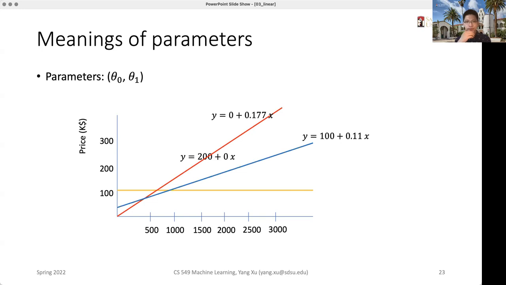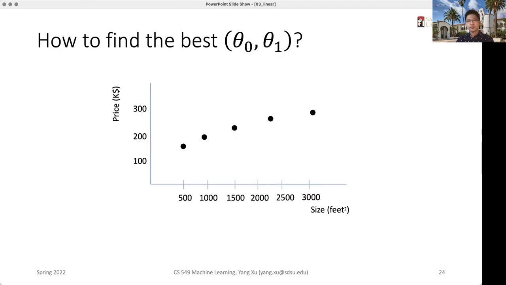A more likely case is that both theta 0 and theta 1 have positive values, with an intercept of 100 and a slope of 0.11, for example. All these numbers are just examples. So the problem is, how do we find the best theta 0 and theta 1 given a data set that looks like this, given our training data?